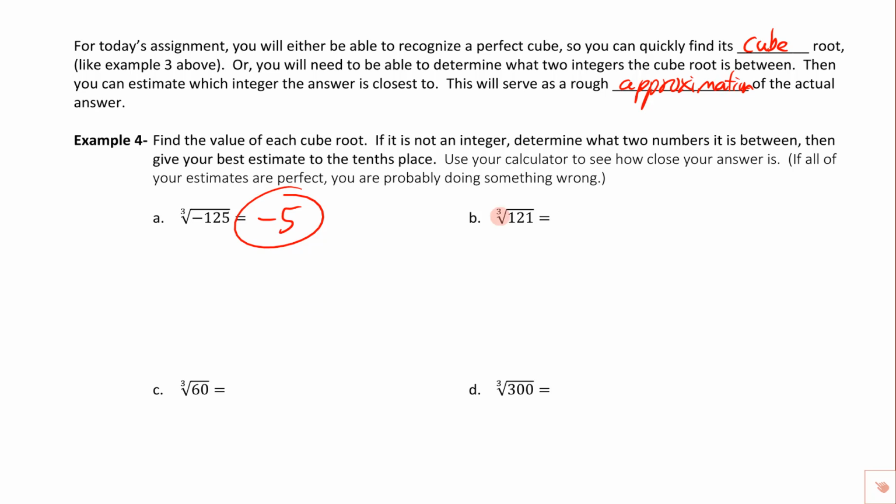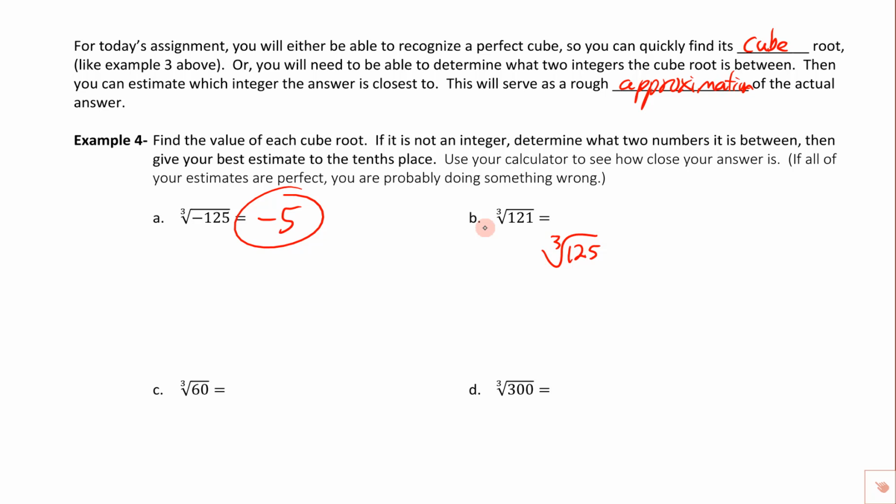Now the next one is the cube root of 121. Now I put this number on here for a reason. When you see 121, a lot of people think, oh gosh, the answer is 11. On this one, it's not 11 because this is a perfect square, not a perfect cube. So let's stop and think about this. If we were going to put that between two perfect cubes, that's why I did this one right here, 125 would be on the larger side of that.